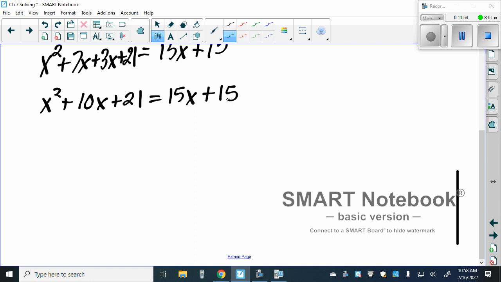So if you could have gotten there, awesome. If not, that's perfectly fine too. Because writing the steps out does help us to get where we need to be and does decrease the likelihood of us dropping a term or having a calculation error.